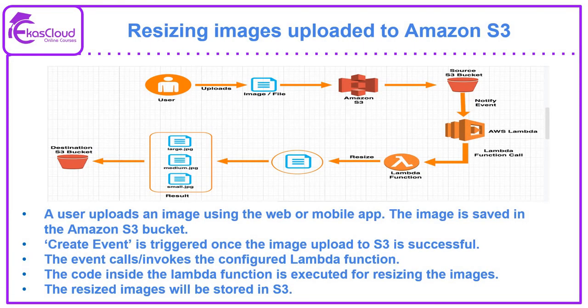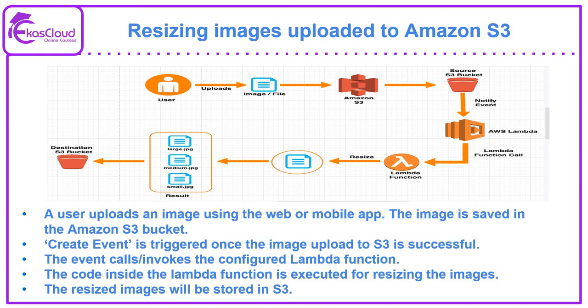The use case I'll be describing is when a user uploads an image, but people want that image to be resized before being stored into a destination S3 bucket. How this will happen is the user will upload the image, using their own application, to be saved into an Amazon S3 bucket.